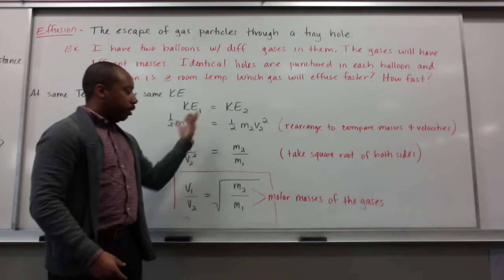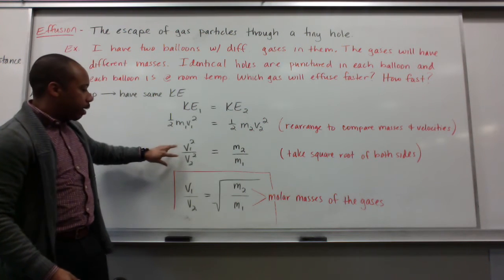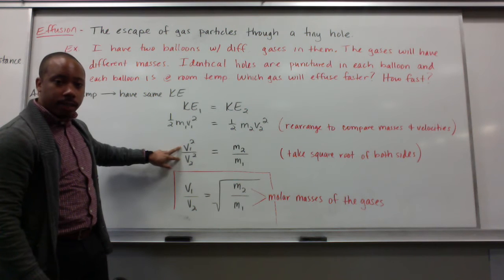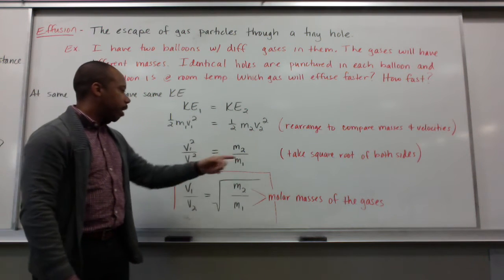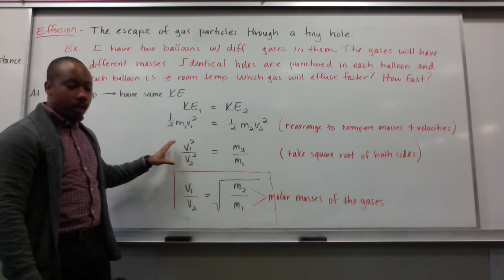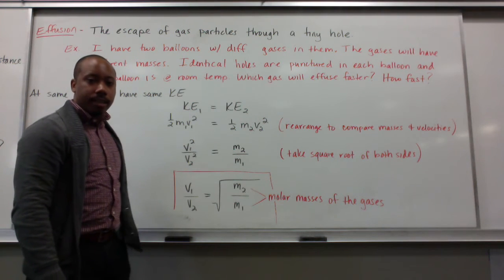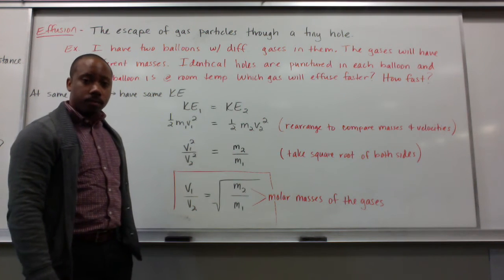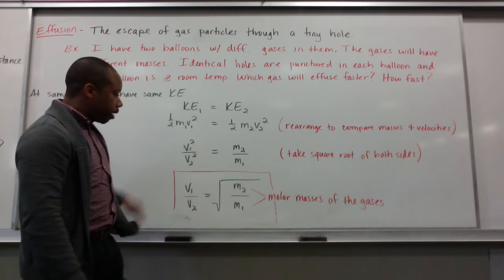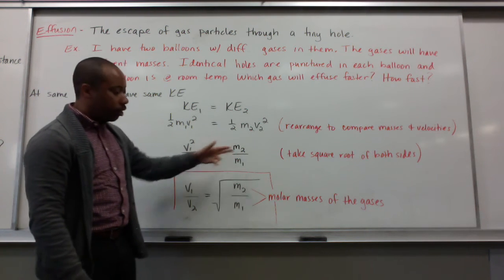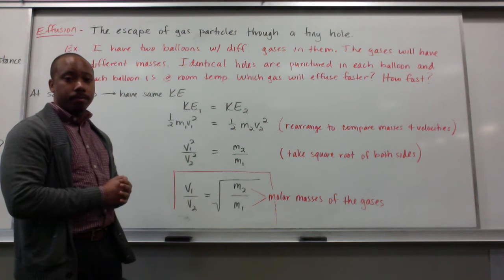If I rearrange this equation algebraically, I can get my velocities on the same side like this, dividing both sides by V2. And I can get my masses on that side together through division. So now I have a ratio of velocities to masses, how they compare to one another.